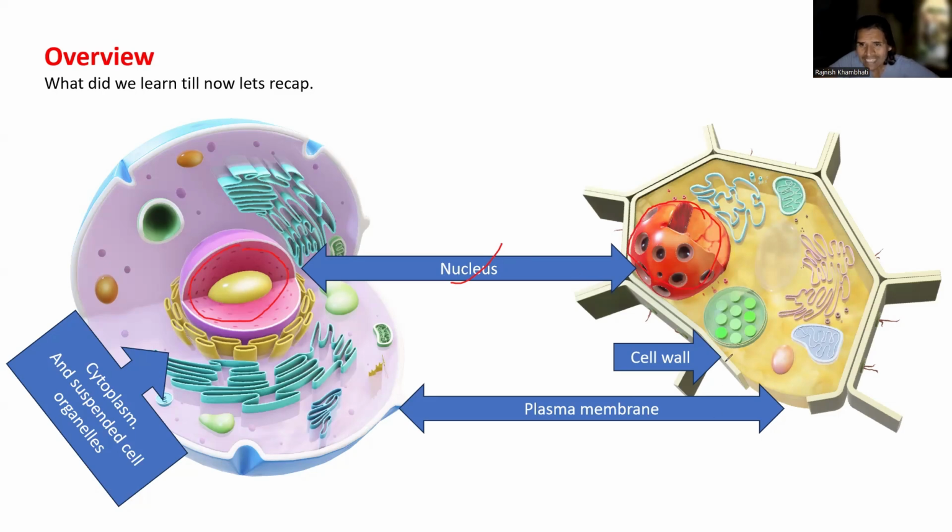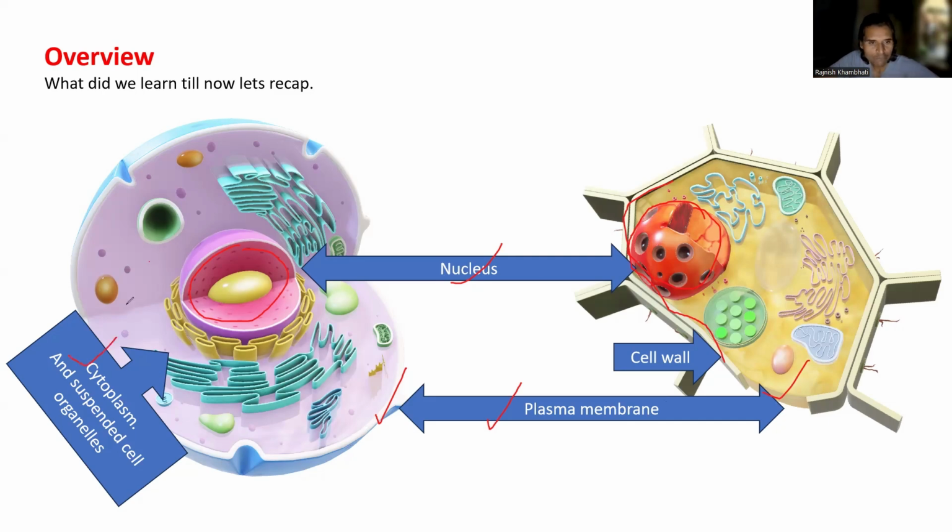Then plant cell has the cell wall. Animal cell does not have the cell wall. But this is the plasma membrane. Animal cell has the plasma membrane. Plant cells also have plasma membrane. So plasma membrane, nucleus, and one more point, cytoplasm.